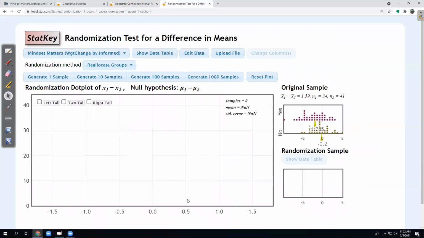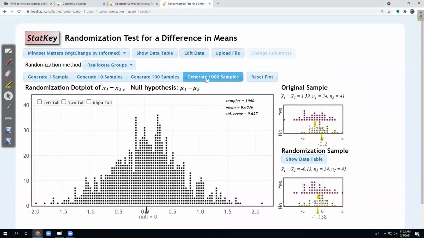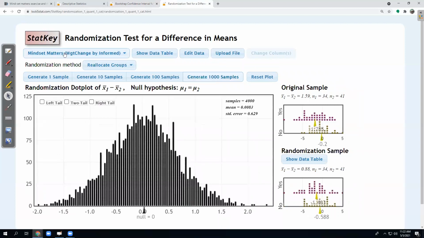Let's just run it and then we'll write down everything. Generate, generate, generate, generate. The sample data was already here. When we're looking at the difference of 2 means, the null hypothesis is always that we just assume they're equal. That it doesn't matter whether you knew your job is exercise or not, your groups are going to have about the same weight loss.